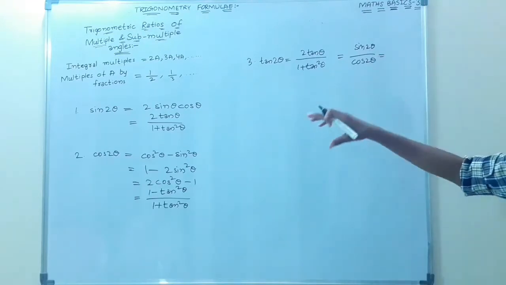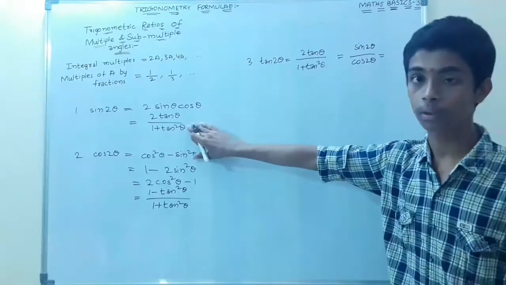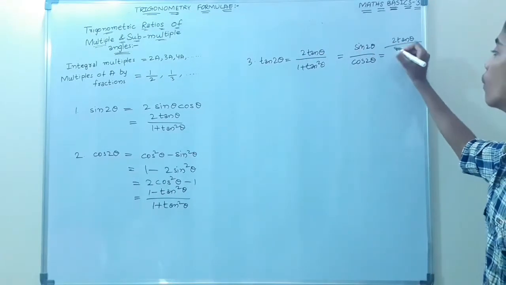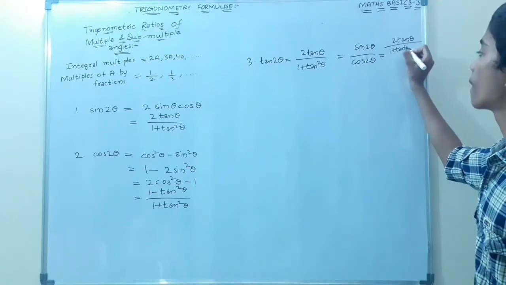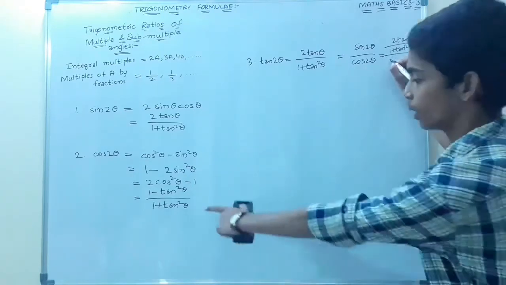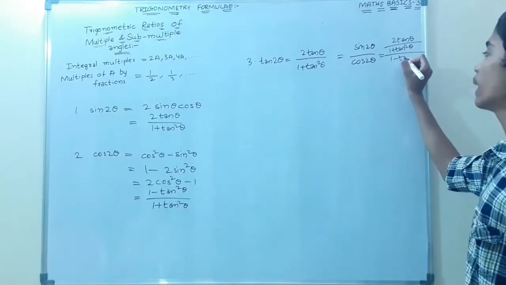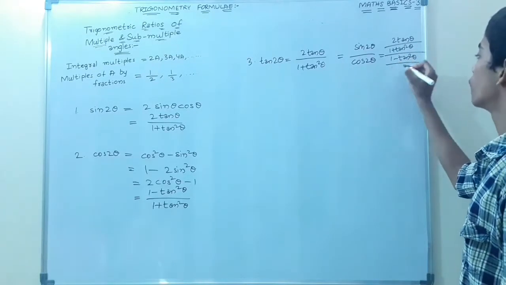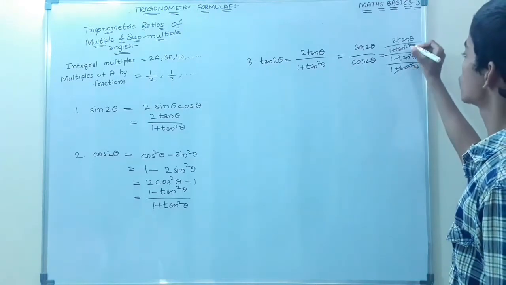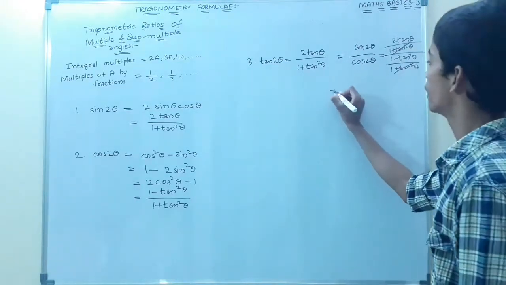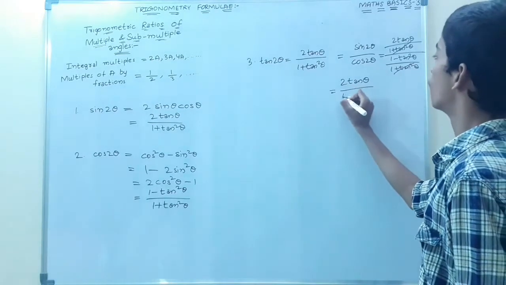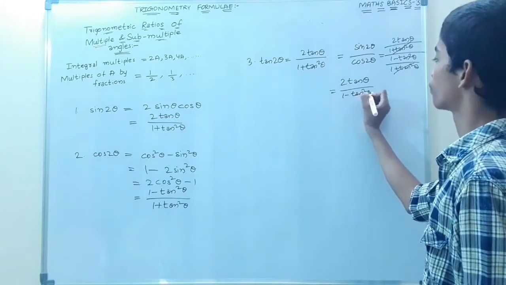What is sine 2 theta in terms of tan? That is 2 tan theta by 1 plus tan square theta. And the cos 2 theta formula is 1 minus tan square theta by 1 plus tan square theta, and this will be cancelled, and we ultimately get 2 tan theta by 1 minus tan square theta.